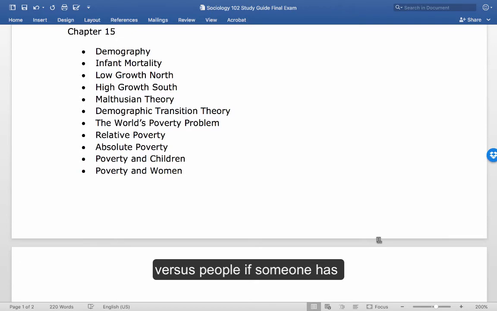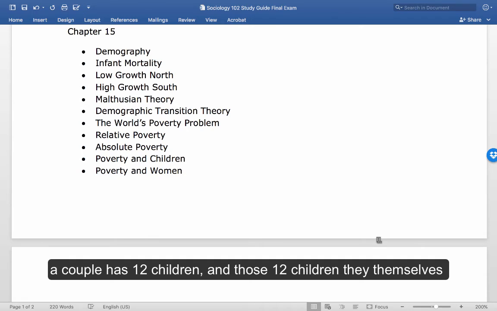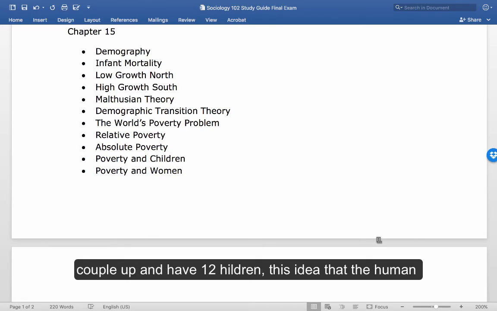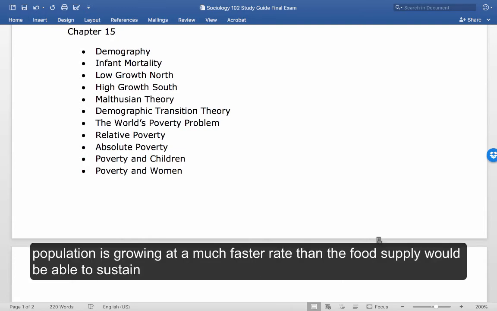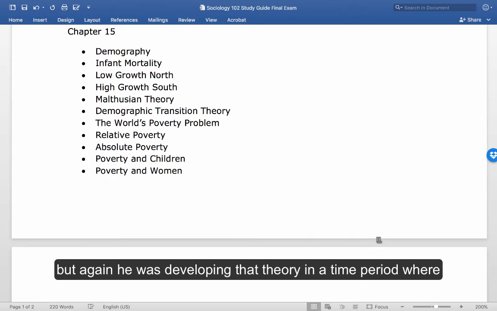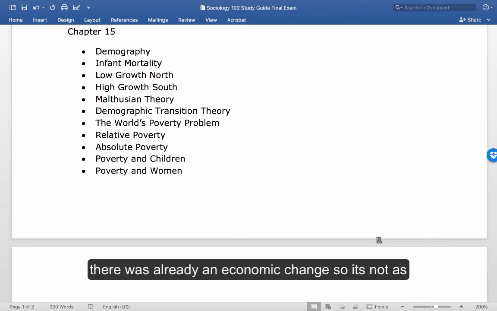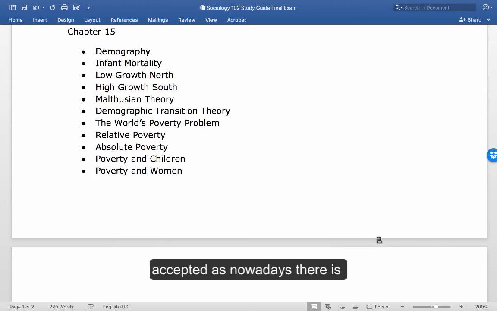Versus people: if a couple has 12 children, and those 12 children couple up and have 12 children themselves, the human population is growing at a much faster rate than the food supply would be able to sustain. But again, he was developing that theory at a time when there was already an economic change going on, so it's not as accepted.